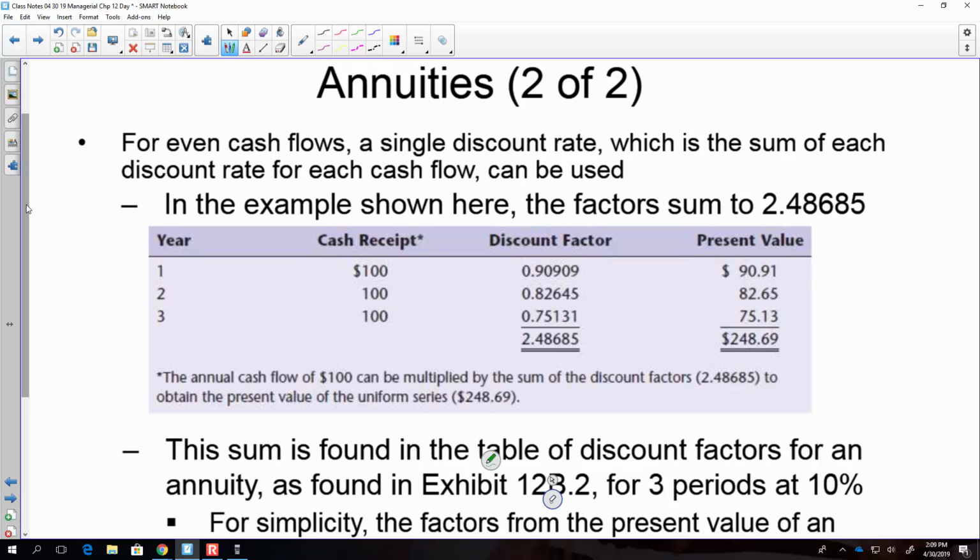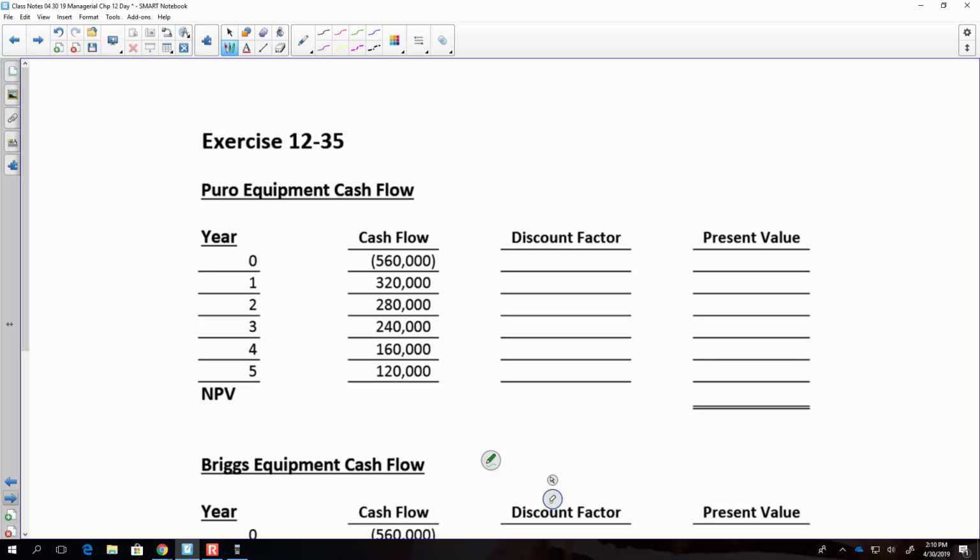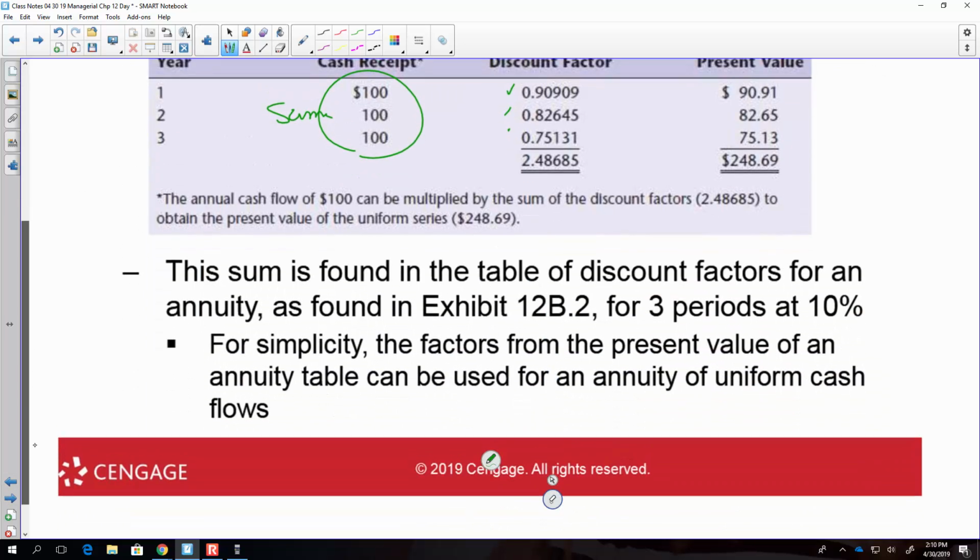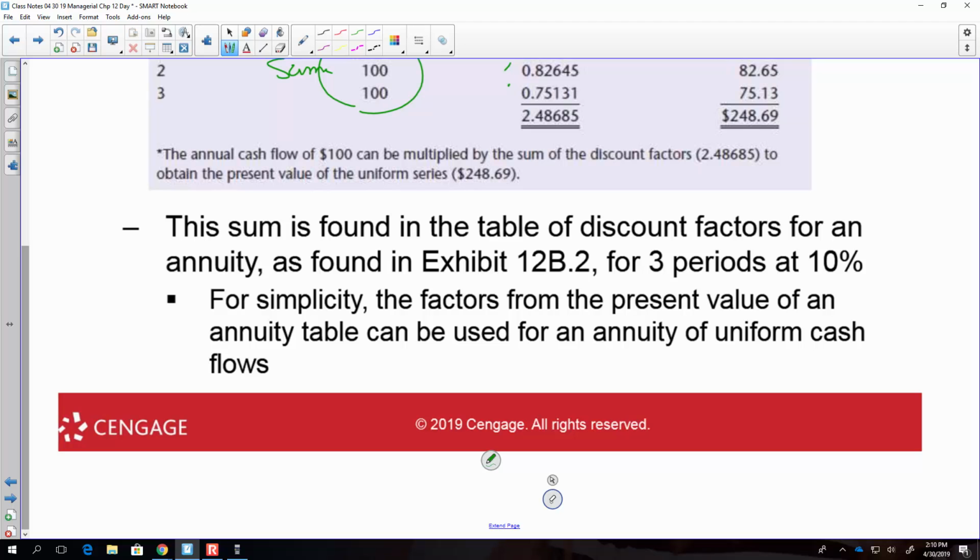Basically we have $100, the same number. I can use the present value of $1 table, but I got to do it 3 times. There is an easier way by using the annuity table, and then I only have to do it once, times that discount factor, and get the same answer.